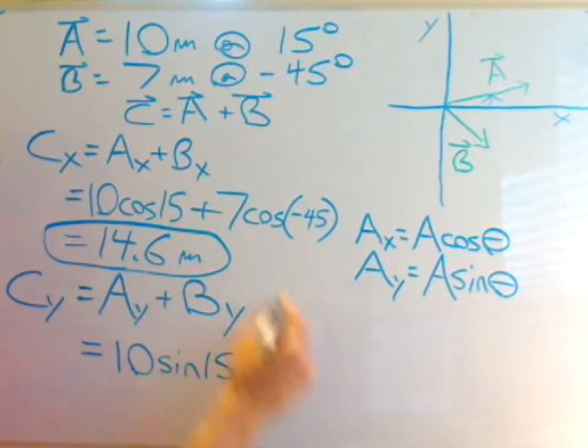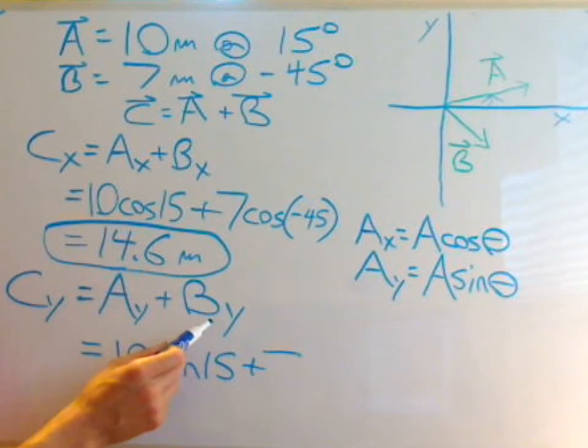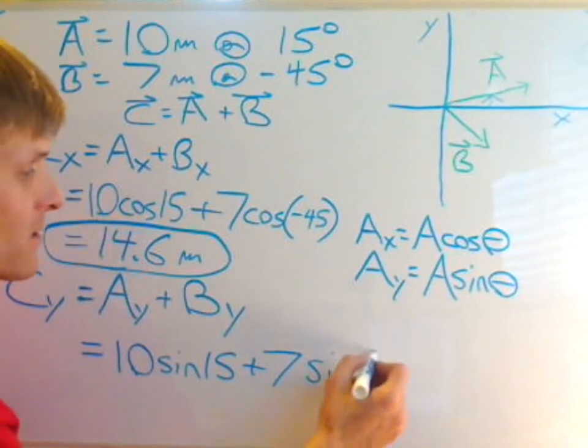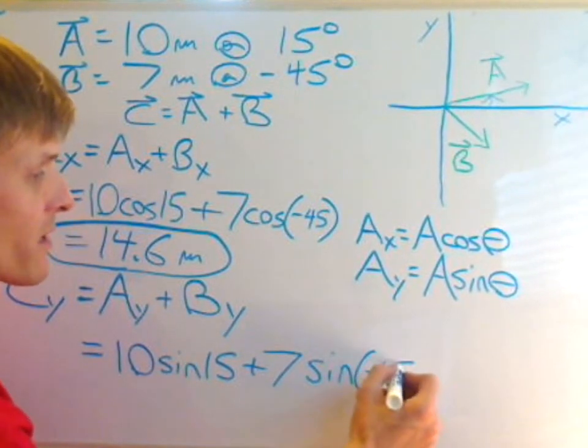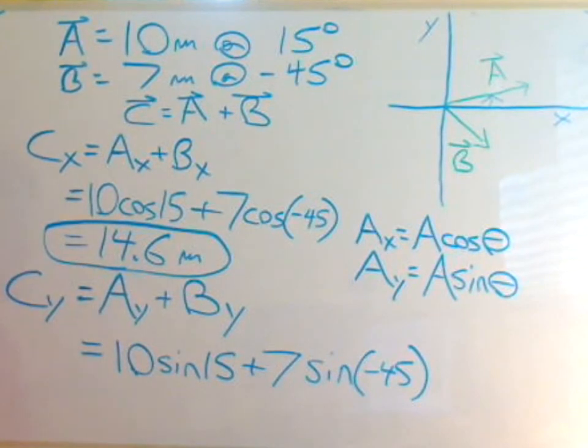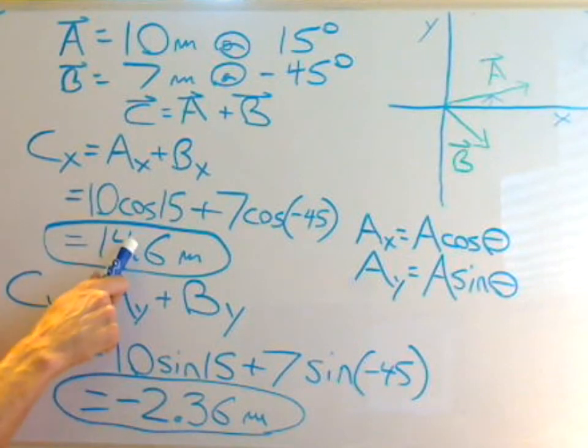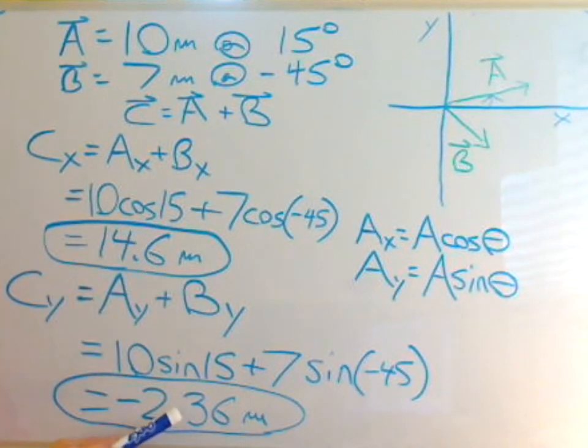And we have to add that to the y component of vector B, which is its length, 7 meters, times the sine of its angle with the x-axis, which is minus 45. So we do this calculation: 10 times the sine of 15 plus 7 times the sine of minus 45. And we get the result minus 2.36 meters. So there's our x component, there's our y component.